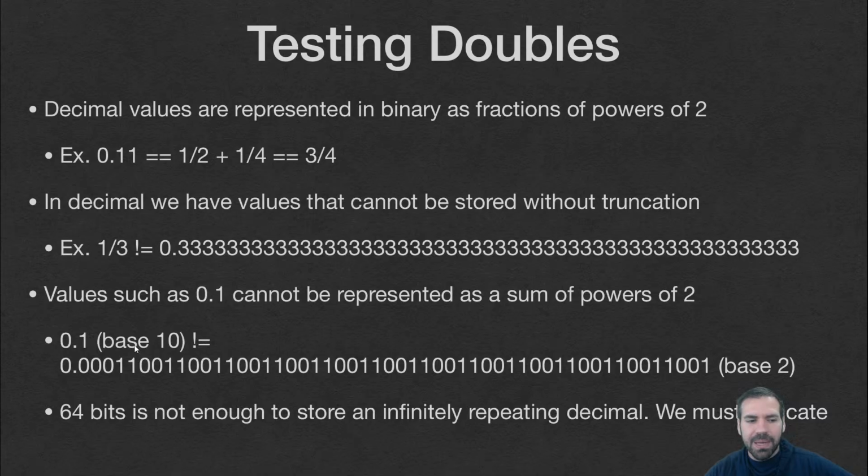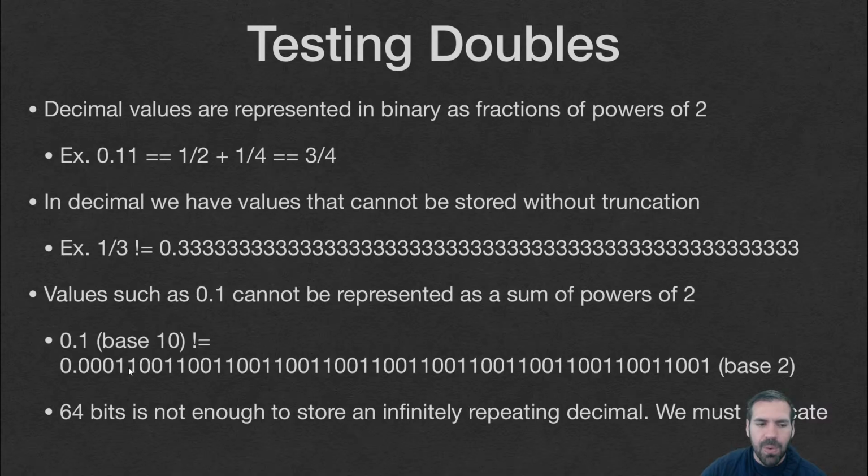We can represent this in base 10 easily enough, but just like 1/3 can't be represented in base 10, 0.1 cannot be represented in base 2. It is 0.000110011, and that repeats forever. So at some point we have to just stop writing 0011 and truncate the value. So we're going to store not exactly 0.1 in memory, but something like 0.1.